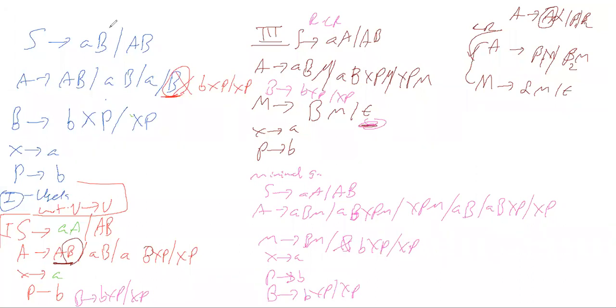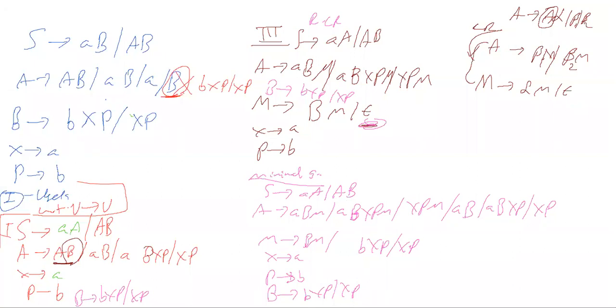So we'll remove that unit production with its production. So you'll get a grammar like this. After the third step, your grammar will look like this. The start symbol is AB, then all the productions X, P, B. Now the third step is over.